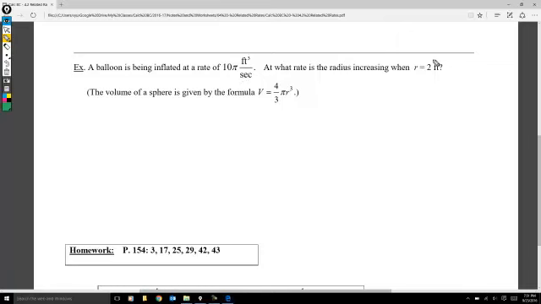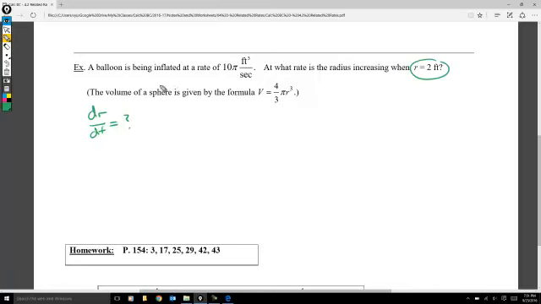So this is like one split second in time when the radius equals 2. We want to know the rate at which the radius is increasing, meaning I want to know what dr/dt is. This is the rate at which the radius, dr, is increasing with respect to time.